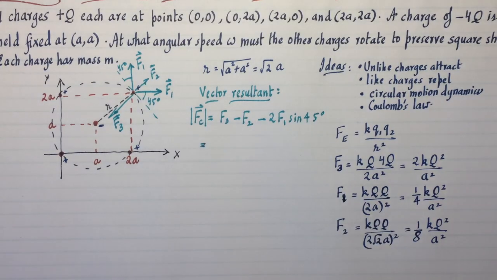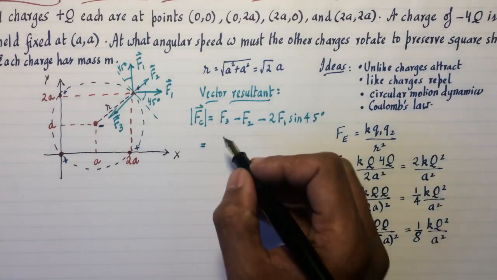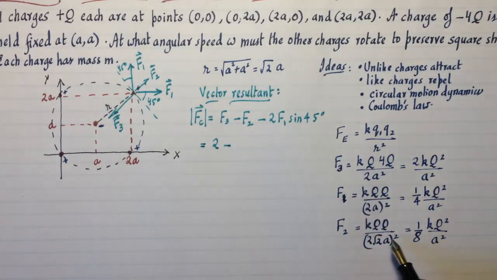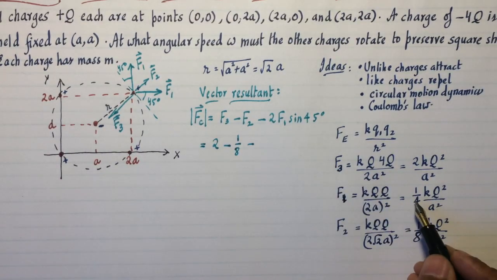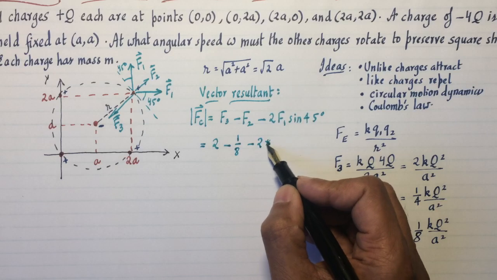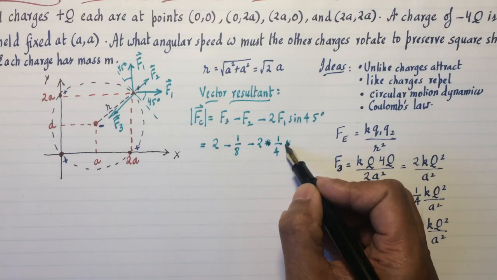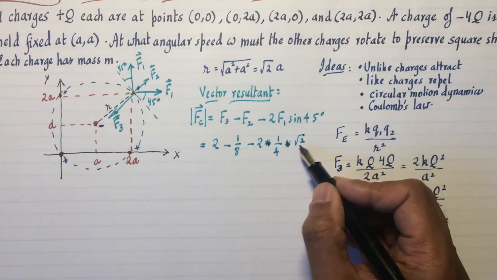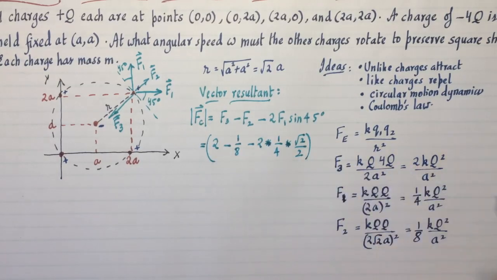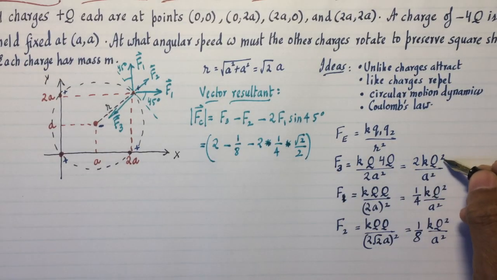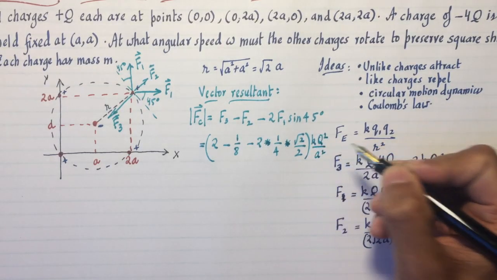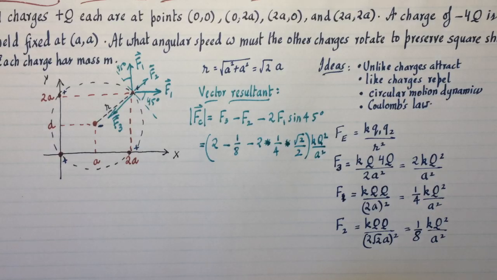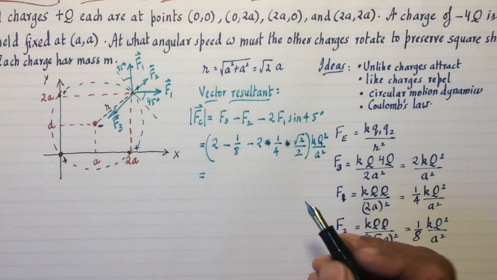The centripetal force is now going to be, the biggest is 2, minus F2, which is 1/8, minus 2 times F1, which is 1/4, times sine 45, which is root 2 by 2, times this quantity KQ squared over A squared. Now this might be simplified.